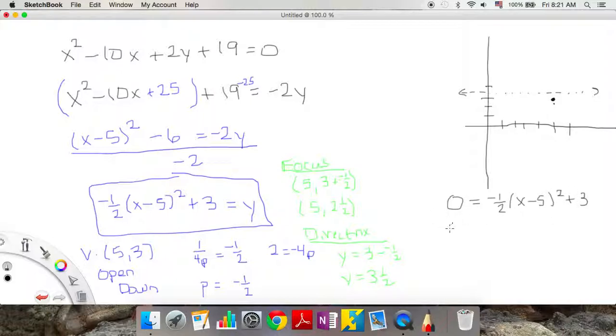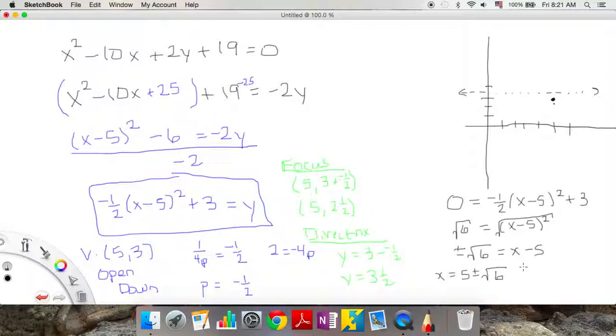So we subtract our 3 over here and then multiply times -2, and we get 6 equals x minus 5 squared. So we've got to take the square root of both sides. And remember, that means we have plus or minus the square root of 6 equals x minus 5. So x is 5 plus or minus the square root of 6. That's the roots, the zeros of this parabola.